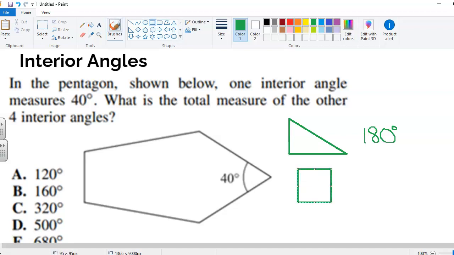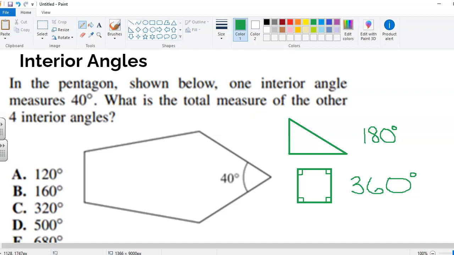Then let's say you have a square, or for that matter, any quadrilateral whatsoever. Well, you have 4 90-degree angles in this particular example, so I'm guessing that would add up to 360. It turns out any quadrilateral is going to have interior angles that add up to 360.